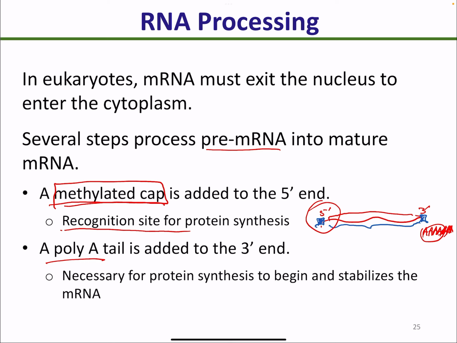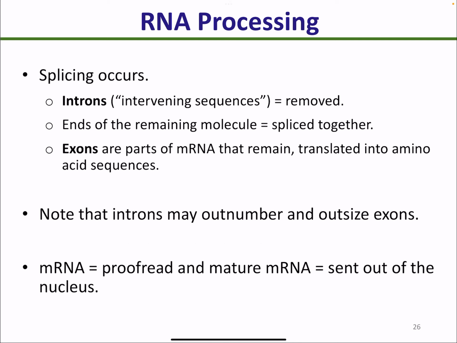So understand that the addition of a cap and the addition of a poly-A tail are essential for protecting the open reading frame, the messenger RNA. All right? So now, in the nucleus, you have more processing that is going to be done.